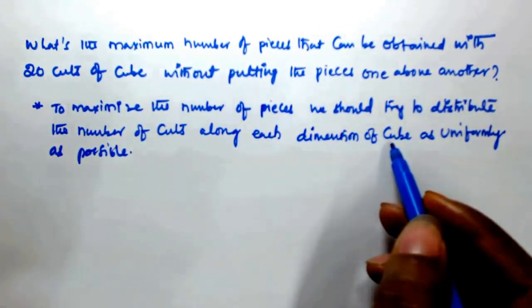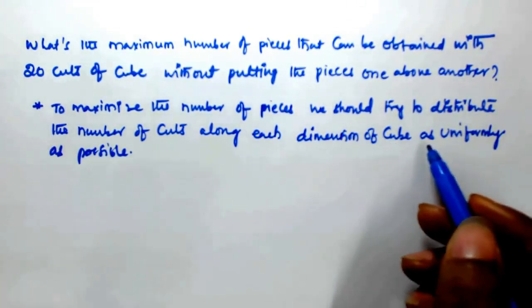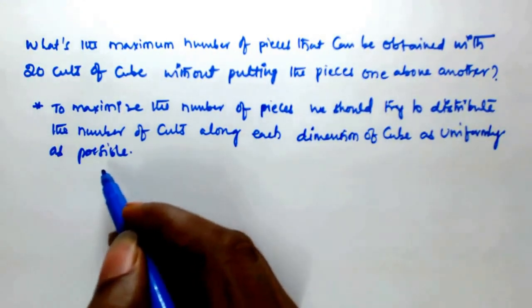How many dimensions are there in the cube? There are 3 dimensions: length, breadth and height. So as uniformly as possible, right?